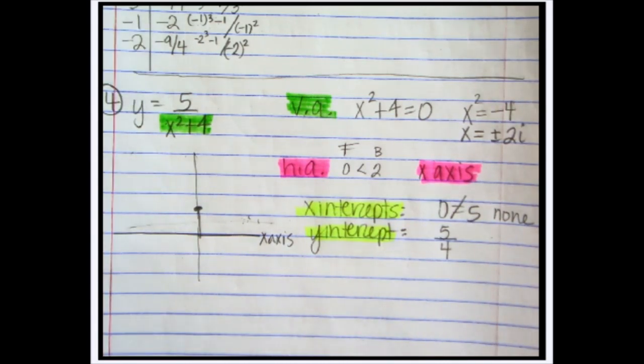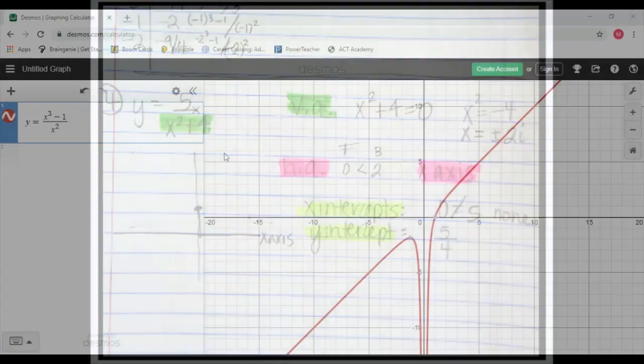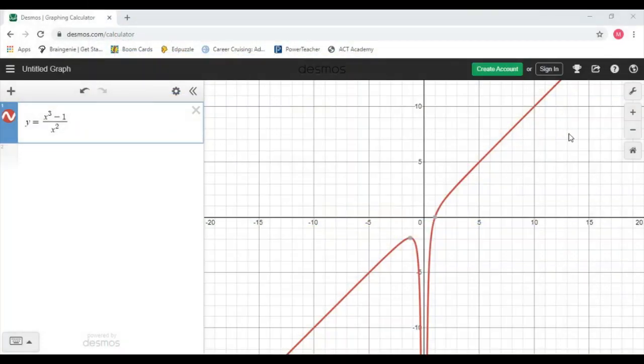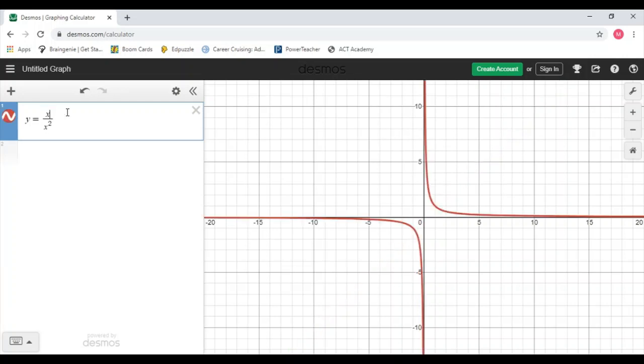So now again, you can plug in and do a t-table, but for the interest of time, let's just go ahead and look at Desmos. In this case, again, you have shown me your asymptotes. You've shown me the y-intercepts, and so now I would be fine with you graphing, although I do want you to know how to find other points.